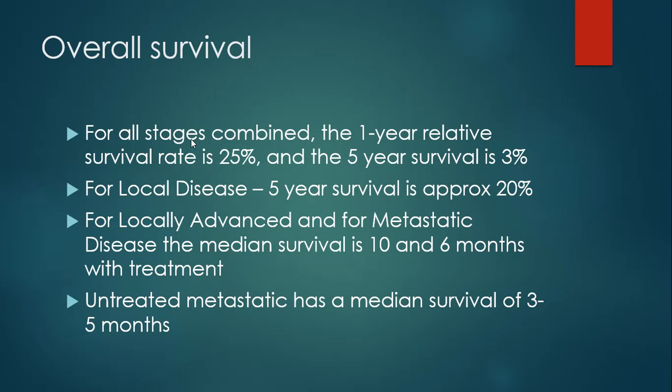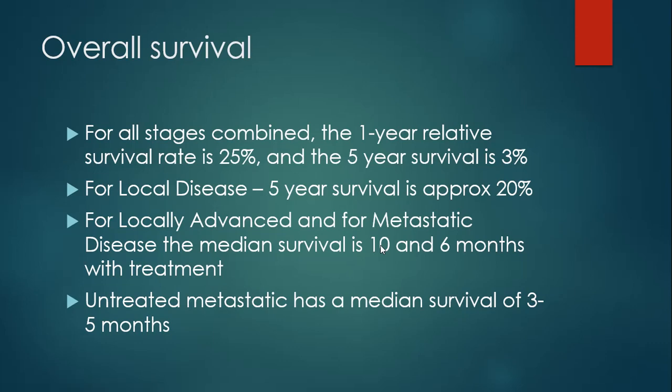For local disease, which is confined like T1, the 5 year survival is on average 20%. For locally advanced and for the metastatic disease, the median survival is just within months. You can see not even years, just months, 6 to 10 months with treatment.